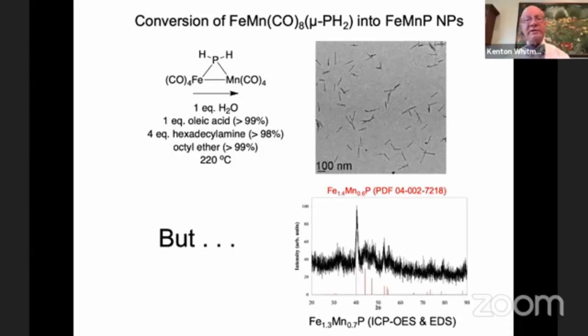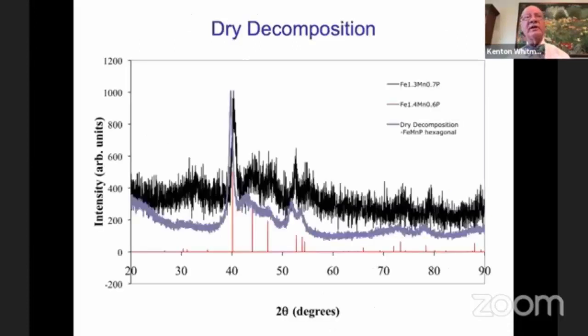But one of the things we did discover was that we could heat the material in the solid state, and it would decompose in the solid state, and it would give you exactly FeMnP, the precise stoichiometry. Here is a powder X-ray diffraction of the material that was produced.